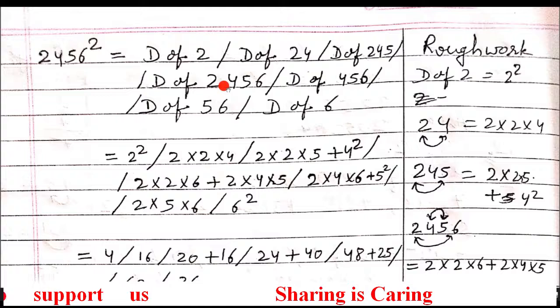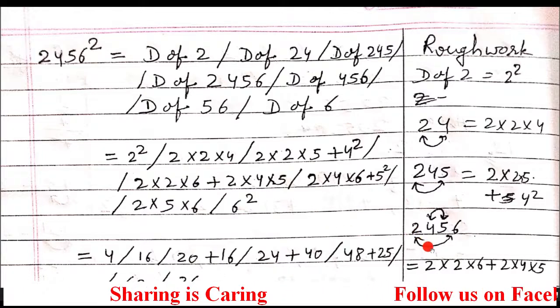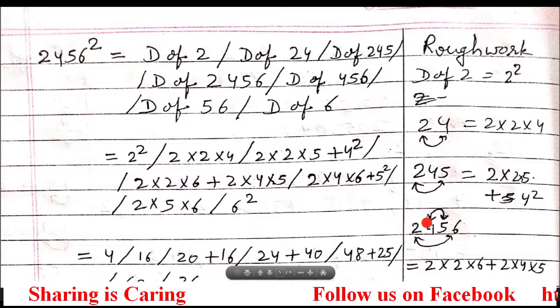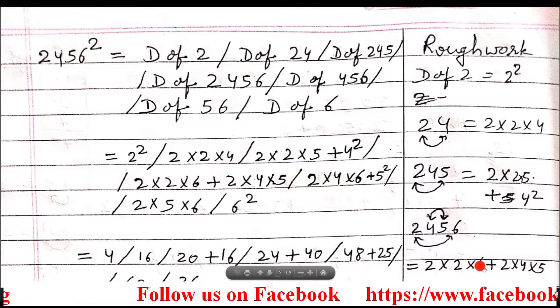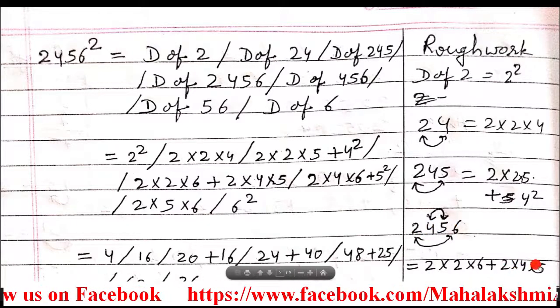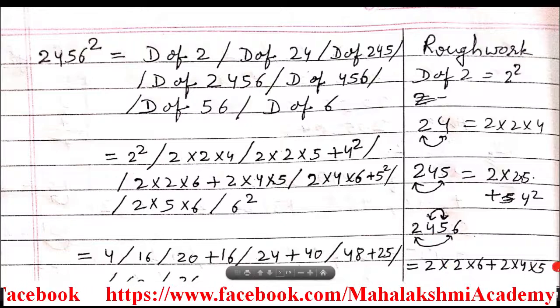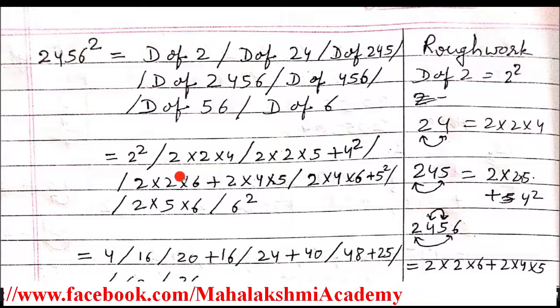Then D of this. When we make the pair, just see here, the first pair is of 2 and 6, the second pair is of 4 and 5. So with 2 and 6, 2 into 2 into 6, because an extra 2 used to come. Then 4 and 5, again 2 into 4 into 5. So this complete you have to write here. Instead of this you have to write down here.